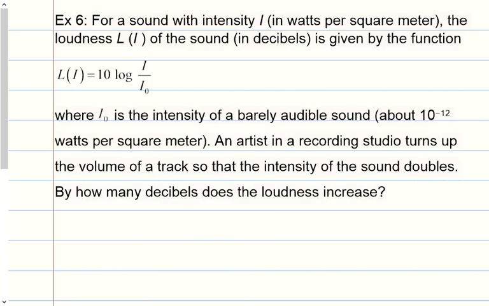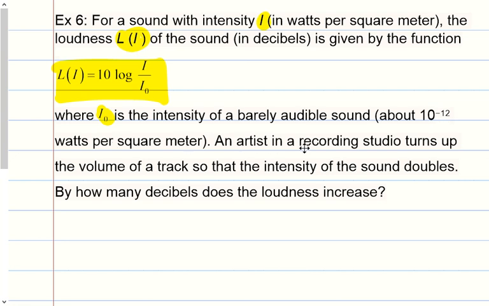And the last one. Here's your big word problem. This is the last problem that we're going to do. It says example 6, for a sound with intensity I in watts per square meter, the loudness L of I of the sound in decibels is given by the function L of I equals 10 log of I over I sub 0, where I sub 0 is the intensity of a barely audible sound, which is about 10 to the negative 12 watts per square meter.